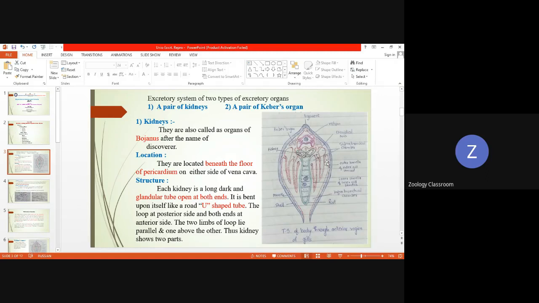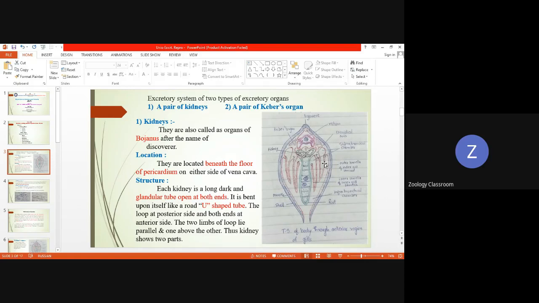We studied in detail the structure of the gills in the last lecture, which have two gill lamina, outer and inner, and the respective inner and outer gill lamellae of each gill lamina.